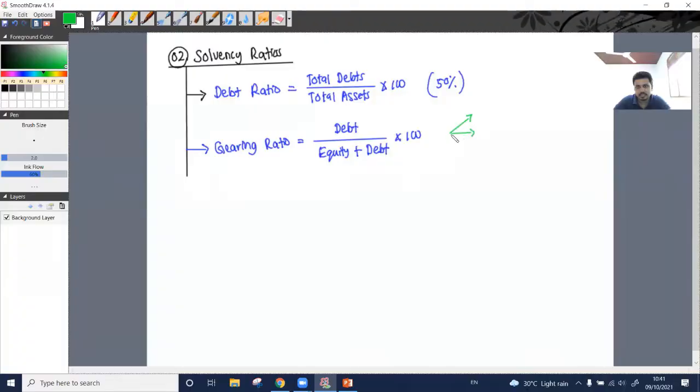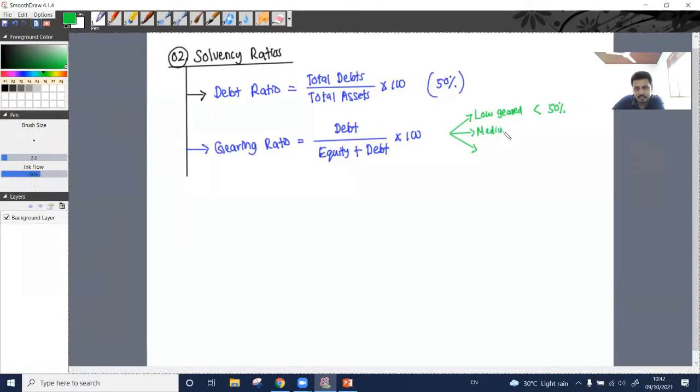There are low geared companies, meaning those who maintain a gearing ratio of less than 50%. සාමාන්‍යයෙන් gearing ratio එක 50ට වඩා අඩුයි නම්, ඒ කියන්නේ අපි introduce කරපු equity capital එක තියෙනවා 60, අපි ණය අරන් තියෙන්නේ 40යි. 50ට වඩා අඩුයි. Low geared company.